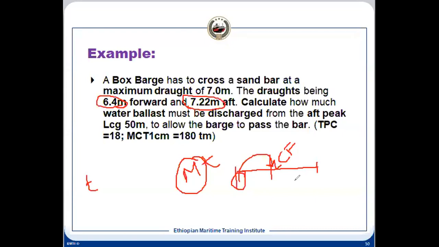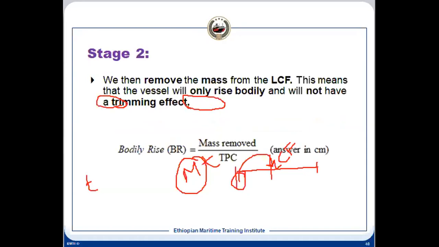This is given to us as 50 meter, the LCG. Now why is it from the LCF and not from the midship? Tell me. Have you understood my question? Because in the last numerical, LCG was given from the midship. If you see that, let us go to that numerical.